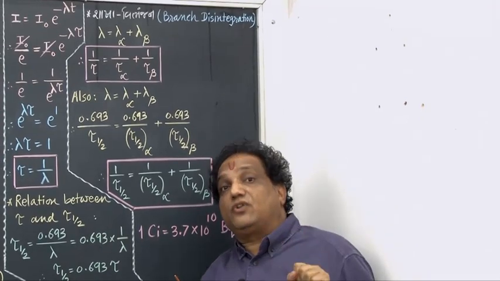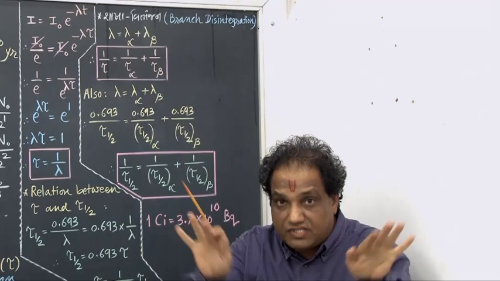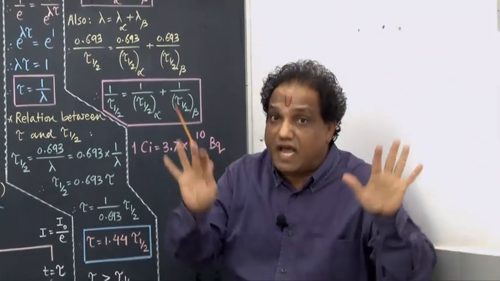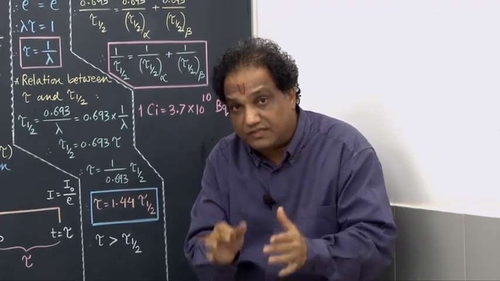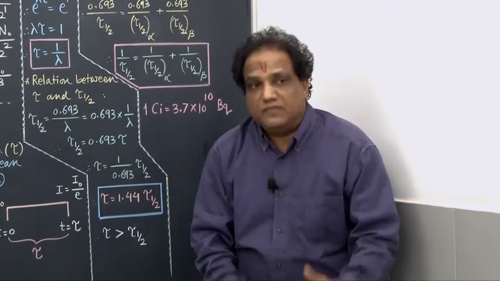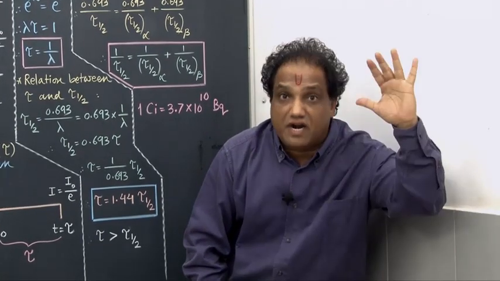There are certain radioactive elements in a given quantity of which both disintegrations are taking place at a time. Some parent atoms emit alpha particles, they undergo alpha decay. Some other parent atoms emit beta particles, they undergo beta decay.